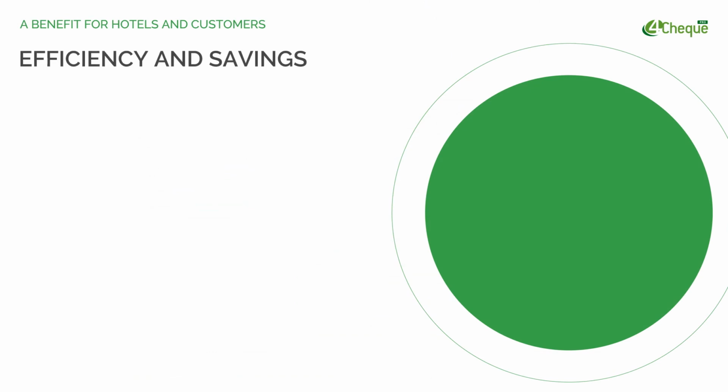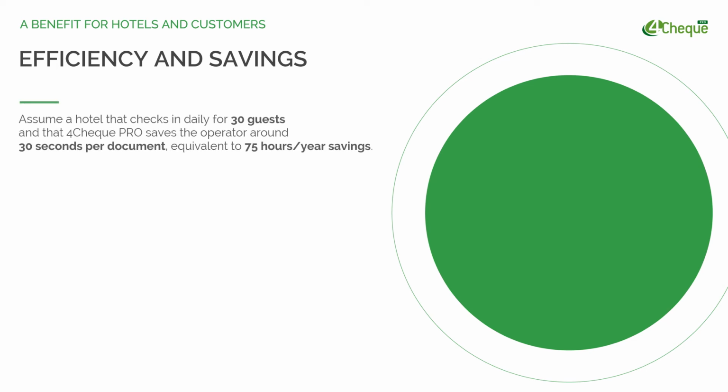This virtuous process allows, among other things, an objective and quantifiable saving from both an economical point of view and resources. Here is an example of a hotel that performs an average of 30 check-ins per day, and assume that the use of 4Cheque Pro saves about 30 seconds per document, or at least the time needed to make a photocopy front and back from a multifunctional printer.